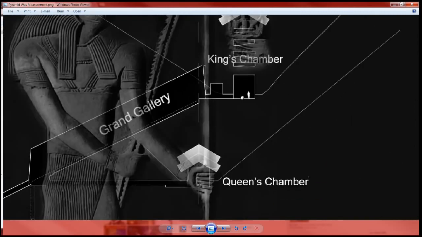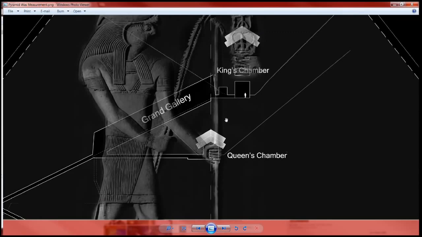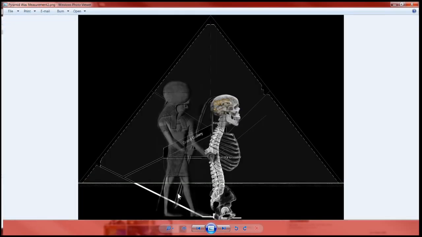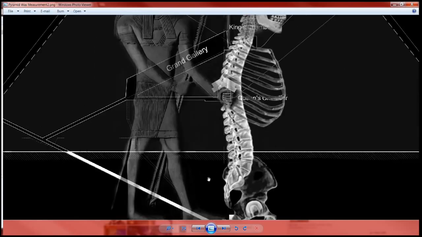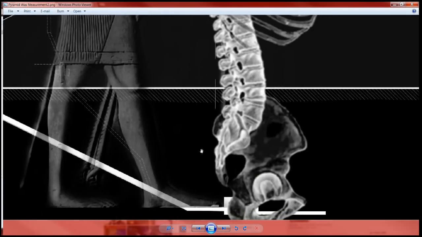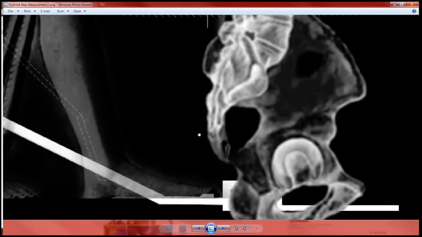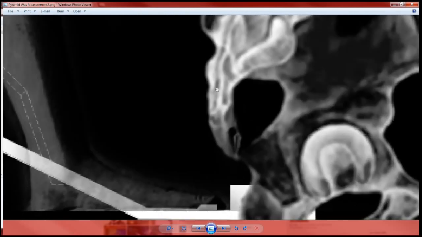So let's take a look at this a little bit deeper. I decided to use my new pretty skull that I have right here. Some interesting characteristics I'm going to show you. What I discovered is the end of that staff is really important, because see the way the coccyx comes around and then it actually stops right here.